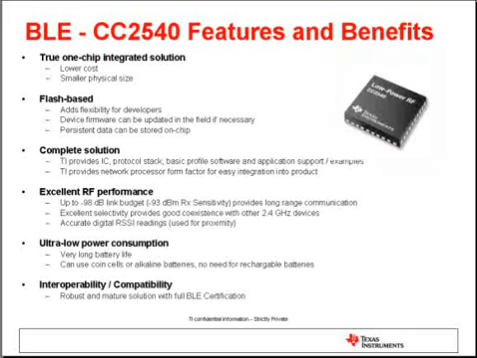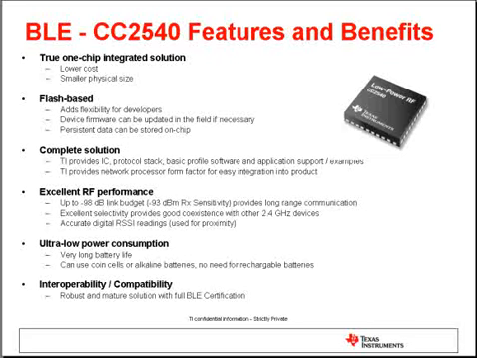Let's take a quick look at the features and benefits of CC2540. The CC2540 is a true one-chip integrated solution aiming at low cost and size. It is a system on chip providing a complete solution including IC, protocol stack, profile support, and sample applications. TI also provides a network processor version of the BLE chip.